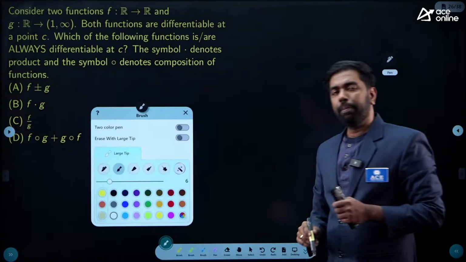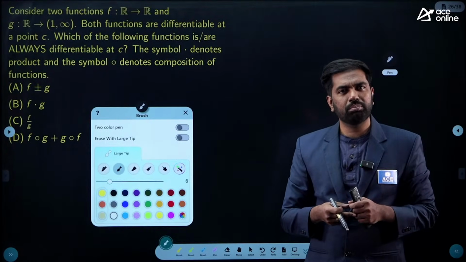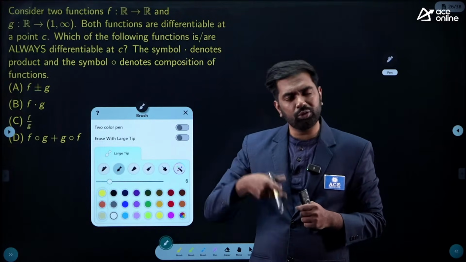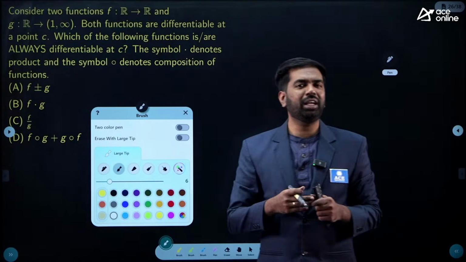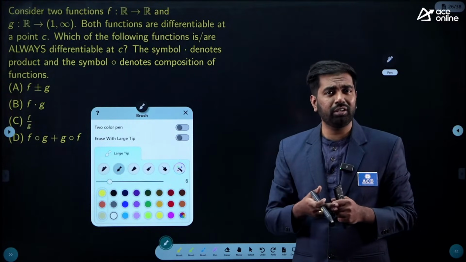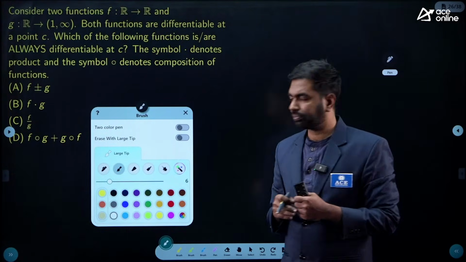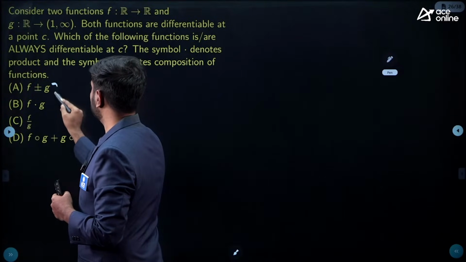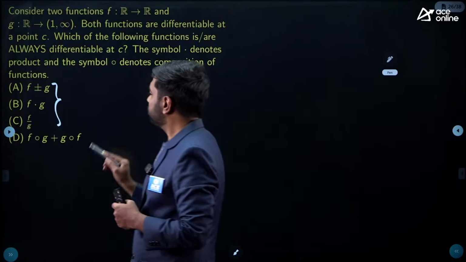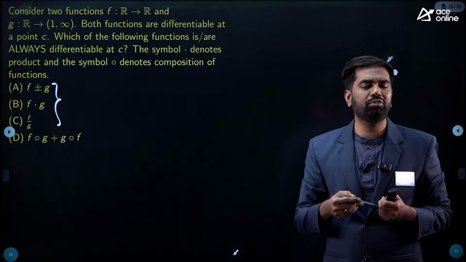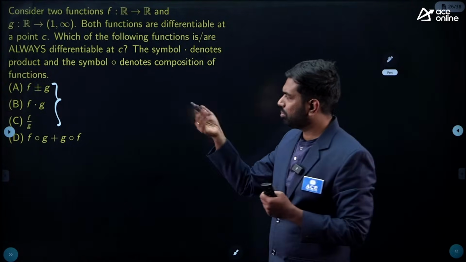If you have two functions which are differentiable, then if you add them, subtract them, multiply them, or take the ratio, the new function that is created is also differentiable. So option A talks about addition. He's adding two functions or subtracting two functions.